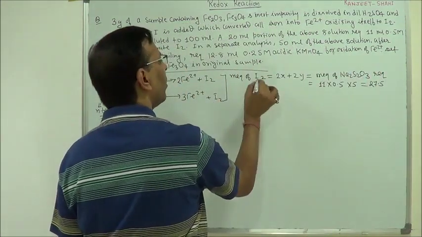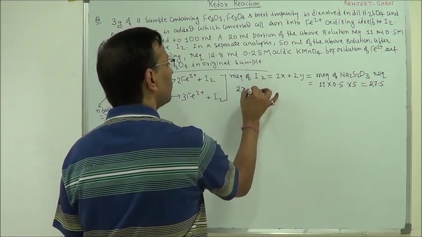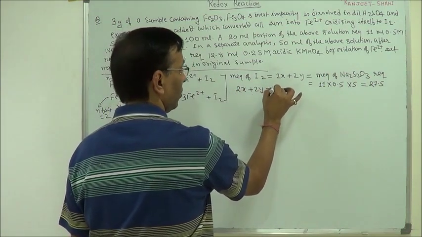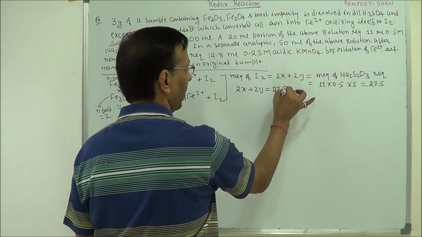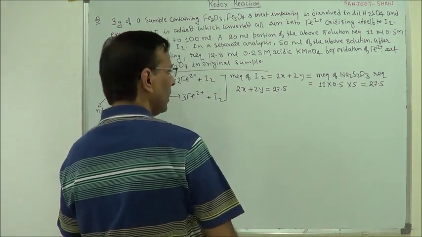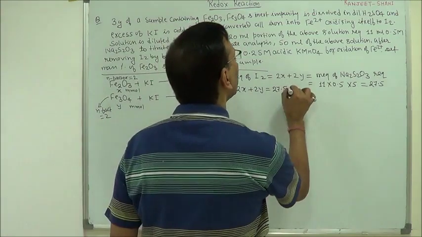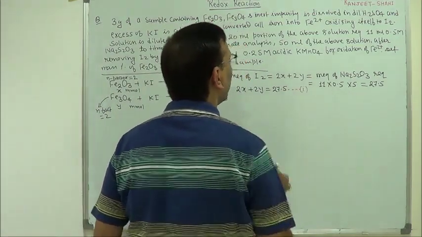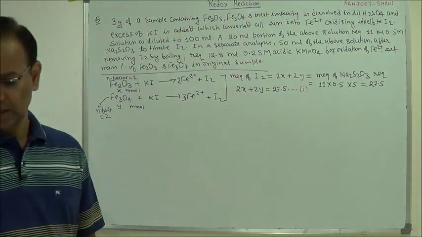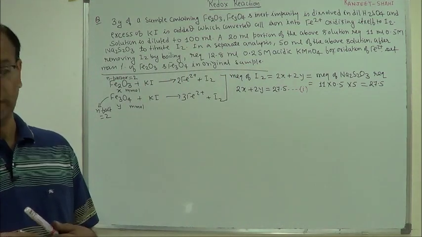So we have found one equation, 2x plus 2y is 27.5. Let us call it equation number 1.